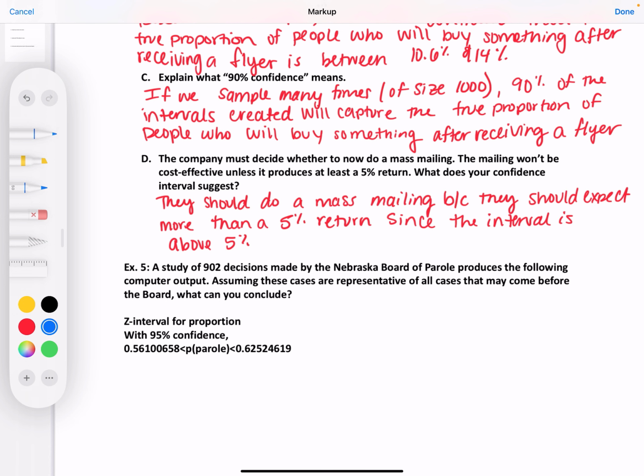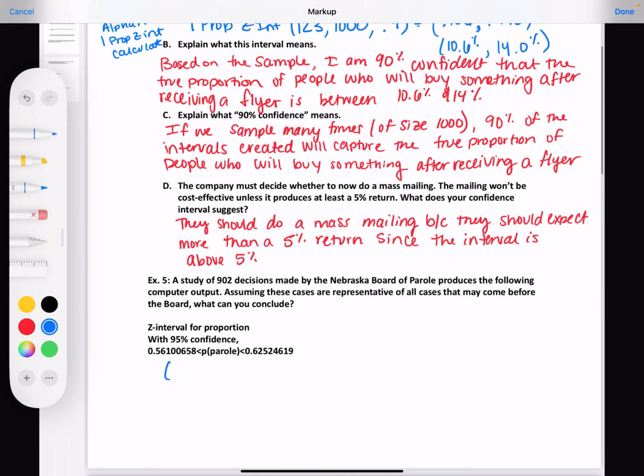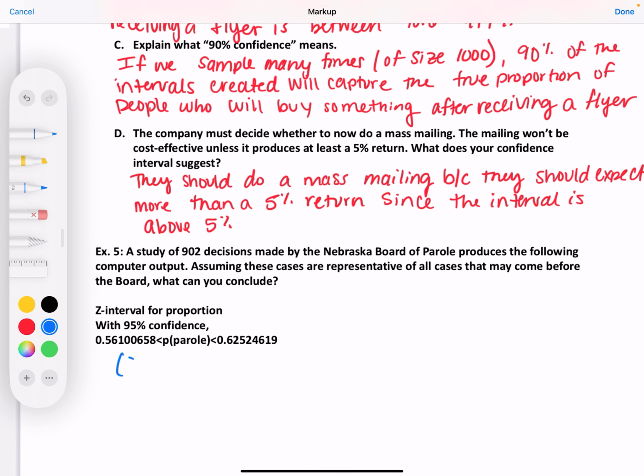So basically this is saying that our interval is 56.1% to 62.5%.